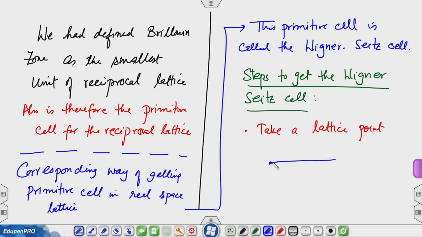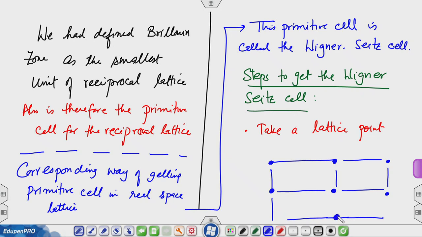So, if I have this rectangular lattice in 2D, I will choose one particular lattice point.